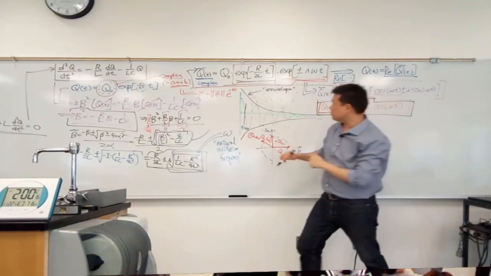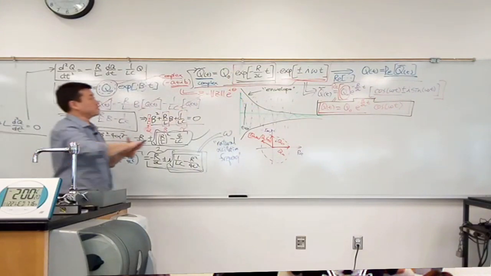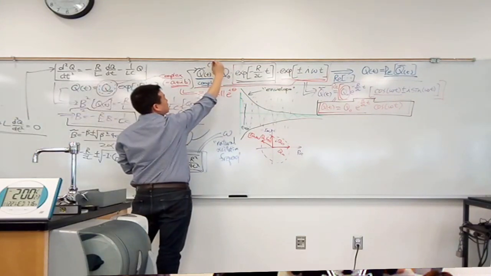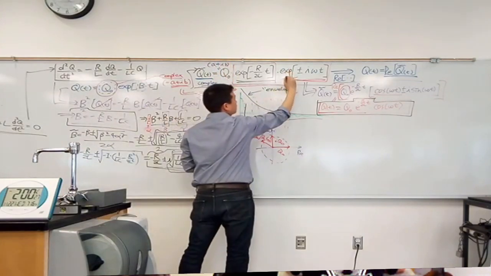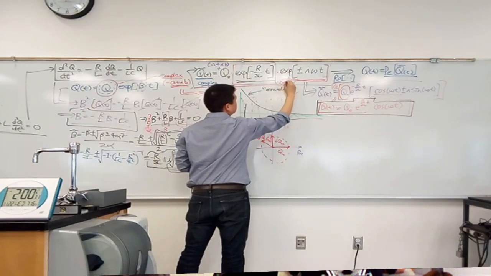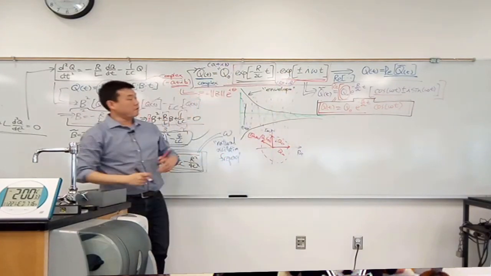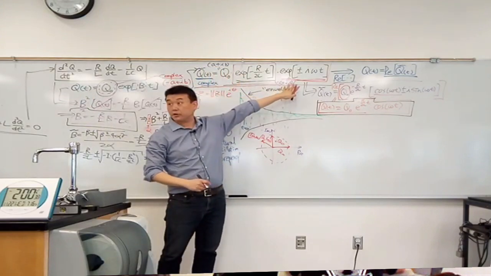Really what I had to consider was that Q naught was a complex number, that this is represented as A plus iB, and this is represented as C plus iD.